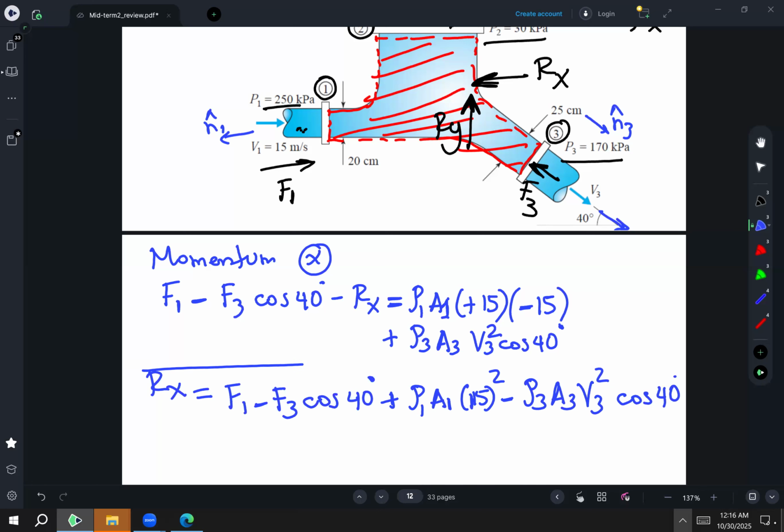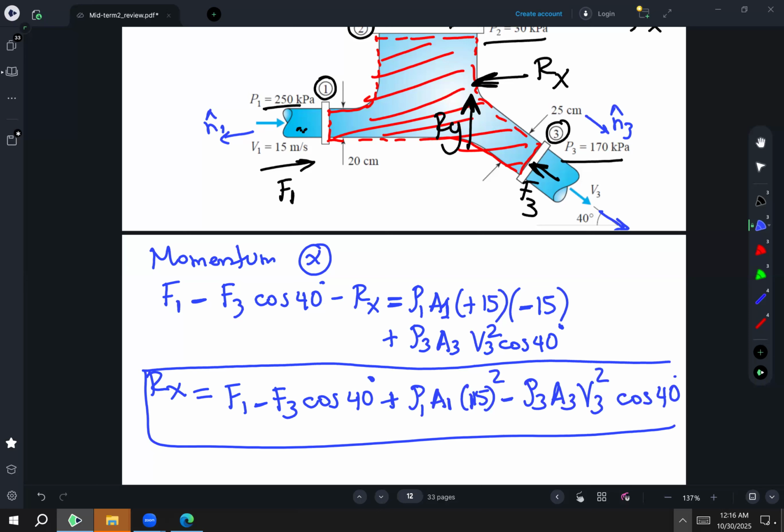So that will be my first equation. Let's check if we are doing this correctly. We have F1, we have F3, then we have this.